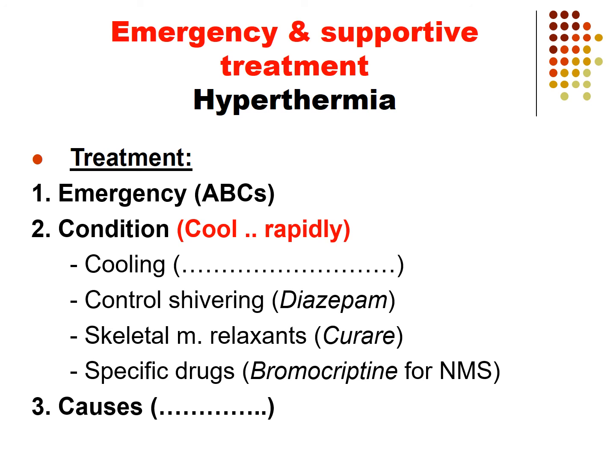Sometimes you may use strong skeletal muscle relaxants like curare. They may cause paralysis of the muscles. Sometimes specific drugs may be needed, like in cases of neuroleptic malignant syndrome, bromocriptine is the specific drug needed in these conditions. Search for the causes and complications as usual.